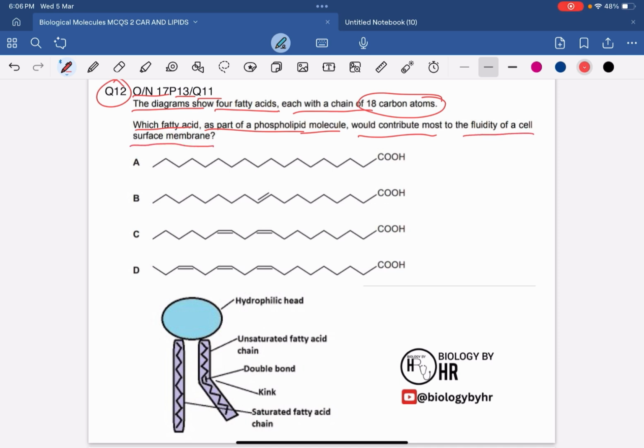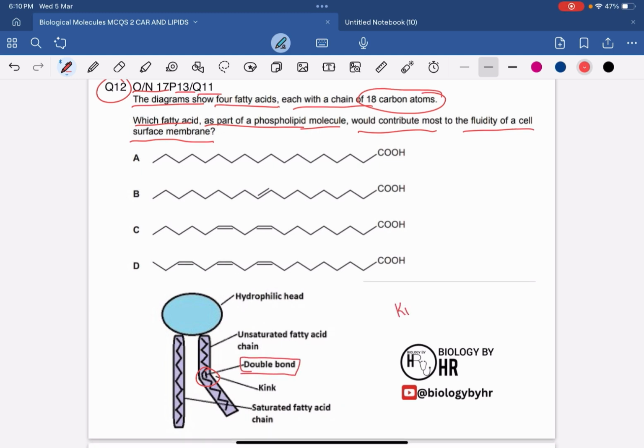membrane? So basically, if more kinks are there, like for example these are the kinks which are produced due to the double bond, the more kinks due to the unsaturated fatty acid basically increases the fluidity of the cell membrane. How does it increase the fluidity of the cell surface membrane? Basically it prevents the phospholipid molecules from packing tightly together, right?